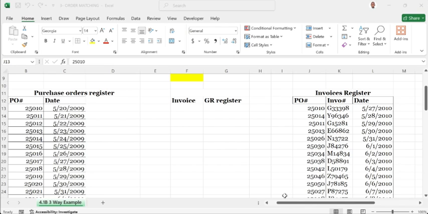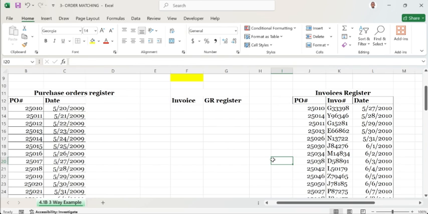I don't know whether it is making sense. For example, if you look, we have 25010, 25010, we have 25014, 25014. So we want to match that anything that is appearing here for purchase order should be the same replica in the invoice.